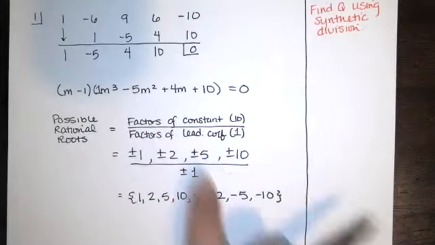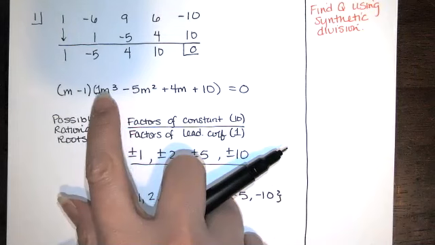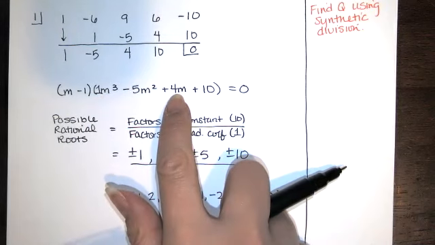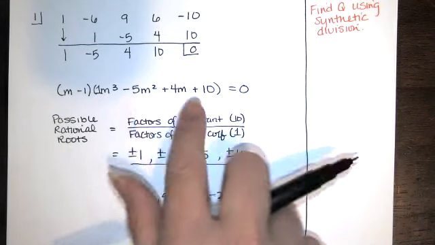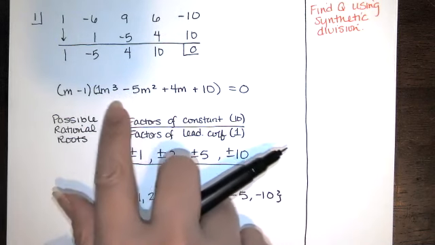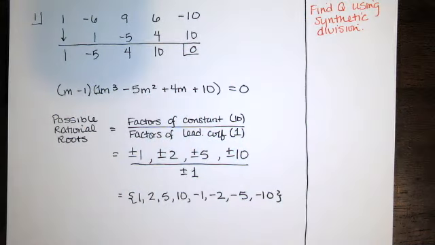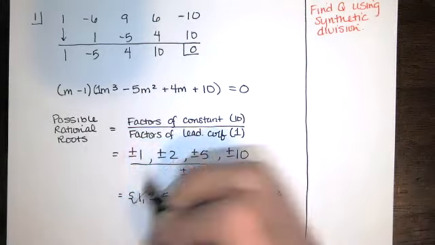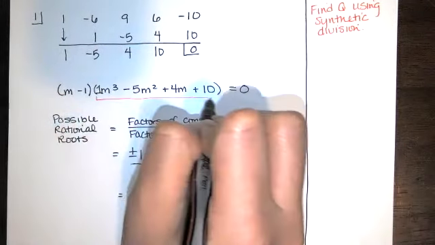Now, I already checked m equals 1 in my head. 1 plus 4 is 5, 5 minus 5 is 0, 0 plus 10 is obviously not 0. So m equals 1 does not work. Not this time, not for this guy.